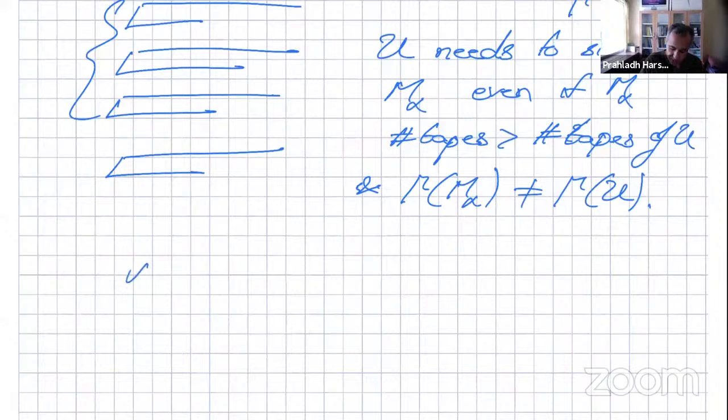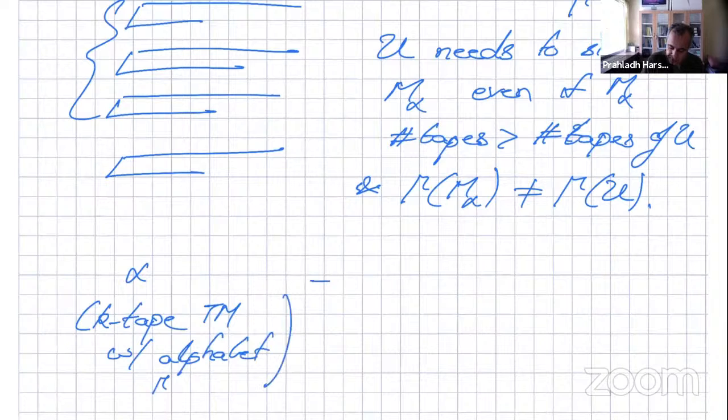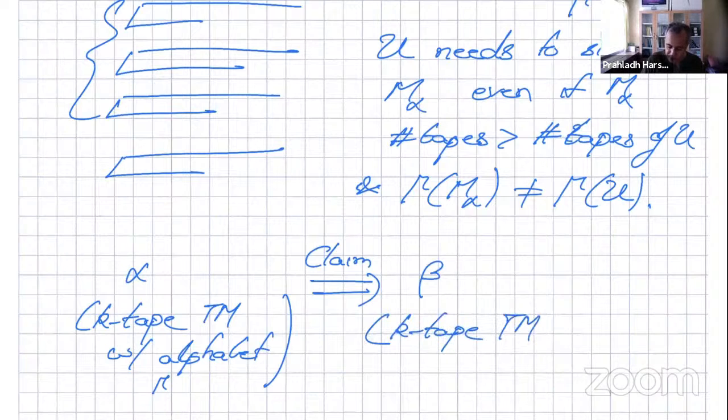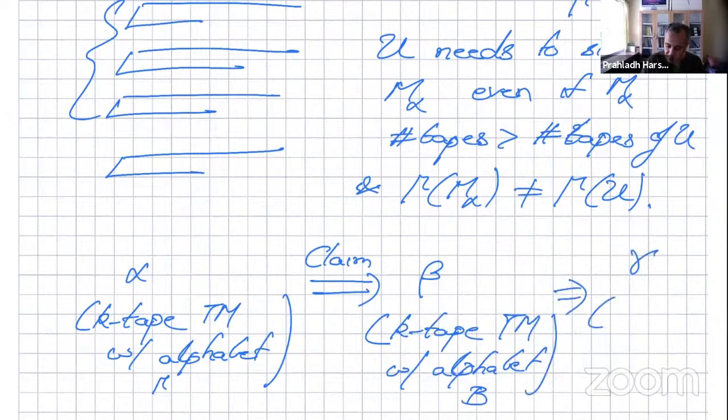That is, from alpha, which is the description of a k-tape Turing machine with alphabet gamma, we'll use the first claim to go to beta, which is a k-tape Turing machine description with alphabet B. And then we'll convert it to a gamma, which is a single tape Turing machine with a slightly larger alphabet, say B prime. This was claim 1, this was claim 2.